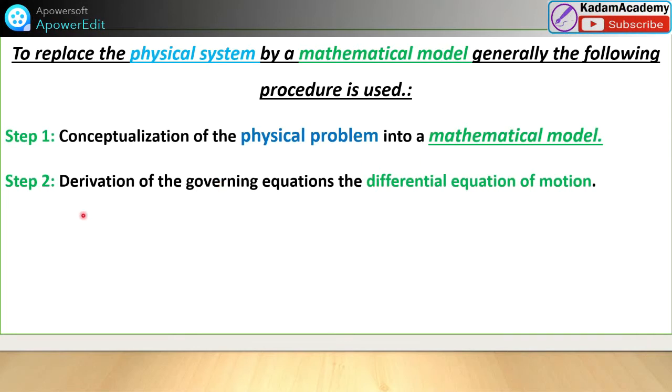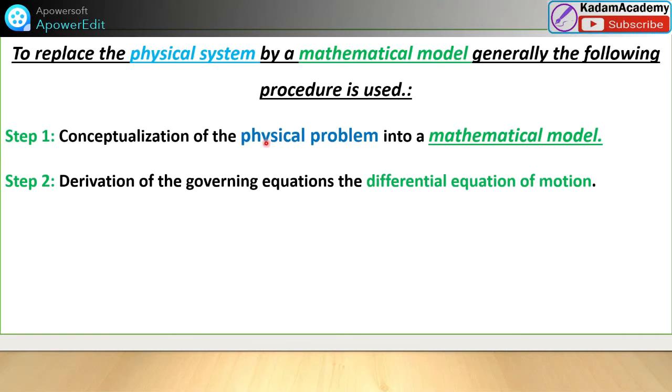We'll go into detail on this one. Second is the derivation of the governing differential equation of motion. So we have to derive the governing equation for this mathematical model, and this mathematical model was formed or drawn by using this physical problem or physical system.